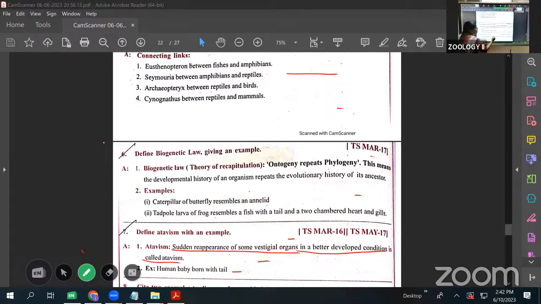Vestigial organs means non-functional organs. For example, the tail. Normally a human does not have a tail. Our forefathers had one. Now suddenly it appears. That we call atavism. A human body born with a tail is called atavism. Example is a human baby born with a tail.